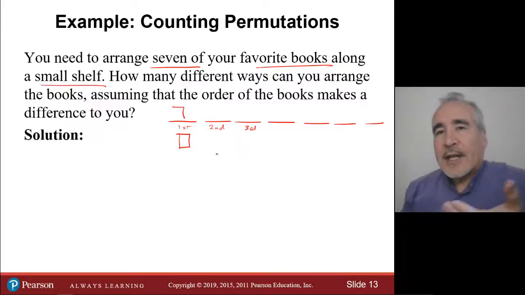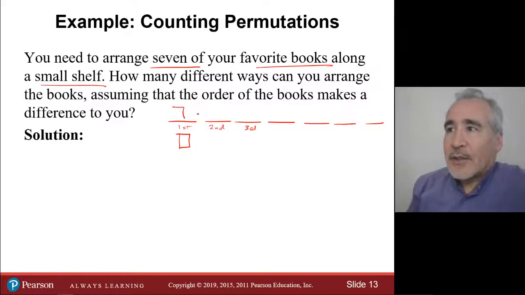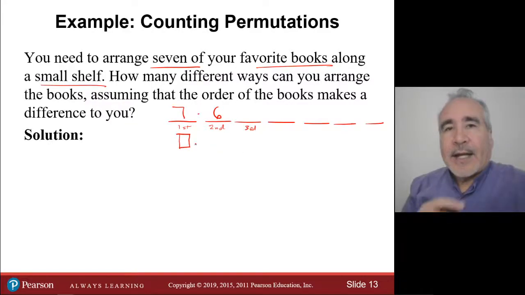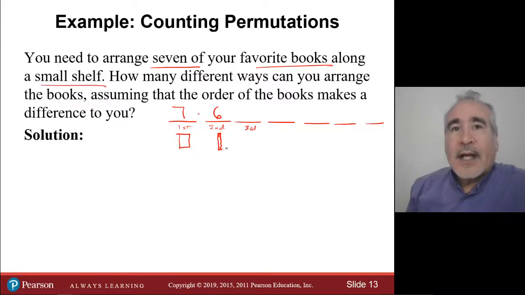Now, how many are left in my stack? Well, I've put 1 there, so I must still have 6 in my stack. For the second slot, I've only got a choice of 6 books. I choose one. This one looks good, a nice little skinny one here. I'll put that one there. Boom. How many books do I have left? I've got 5 books left.